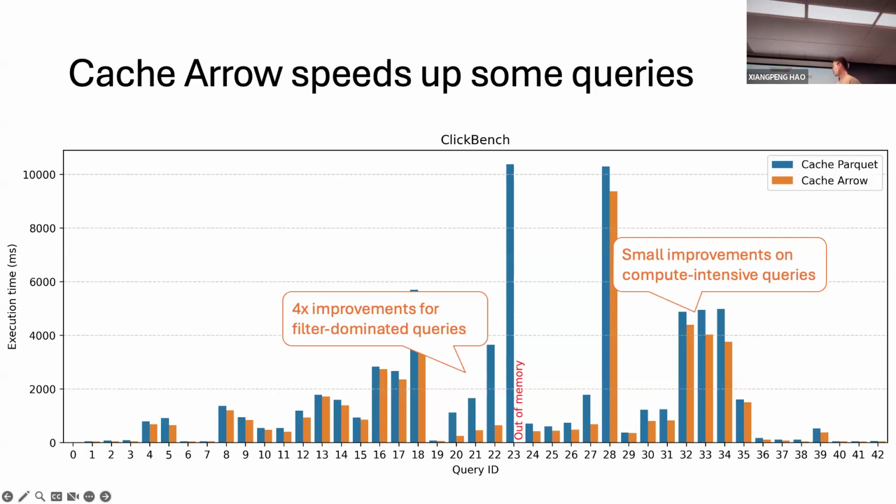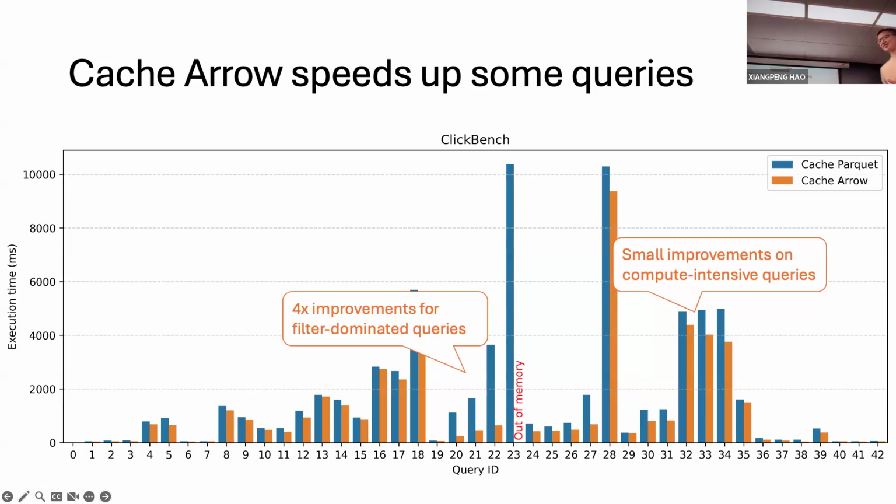So for those filter-dominant queries, we see like 4x improvements because those queries spend a lot of time on decoding Parquet, the constant overhead of decoding Parquet is dominating the total query time. But for a lot of other queries, we only have small improvements on compute-intensive queries. So it seems fine, right? Caching Arrow always gets better performance. So why don't we do it?